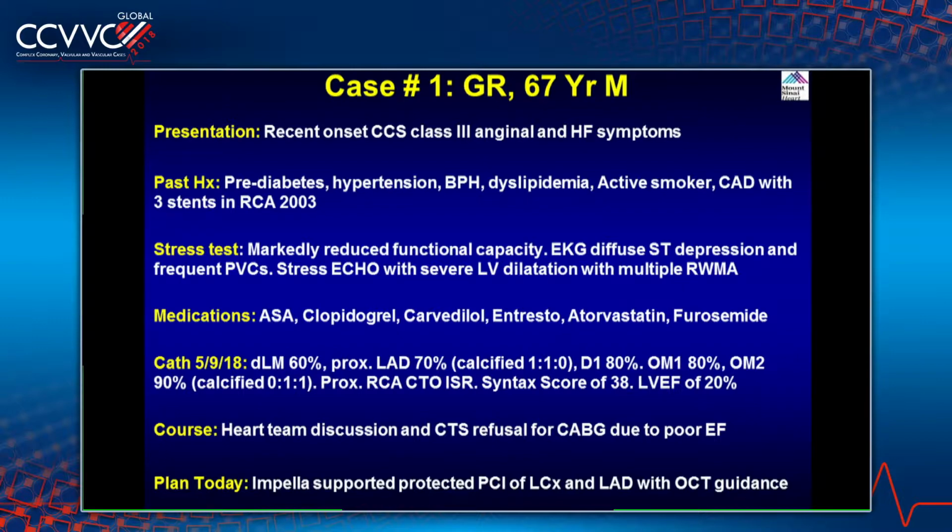The recent tests showed markedly decreased functional capacity during the stress test, and the echo showed a globally low EF of 20%. During the stress test, there was diffuse ST depression and the echo showed multiple regional wall motion abnormalities. He was started on appropriate therapy, and rightly so sent for cardiac cath to rule out any CAD.